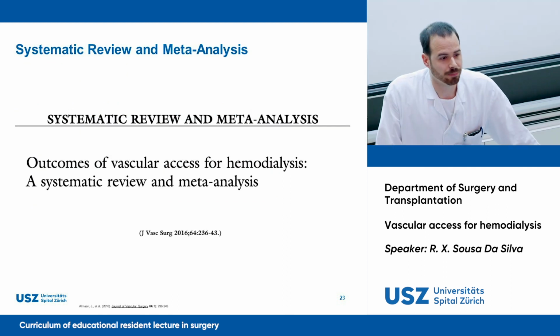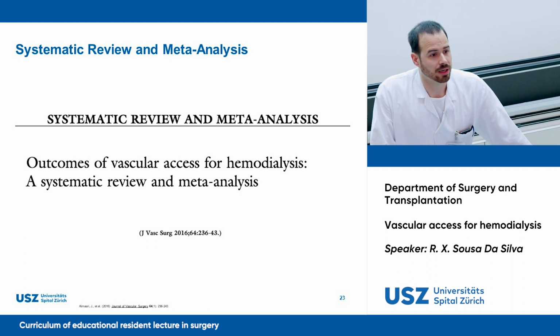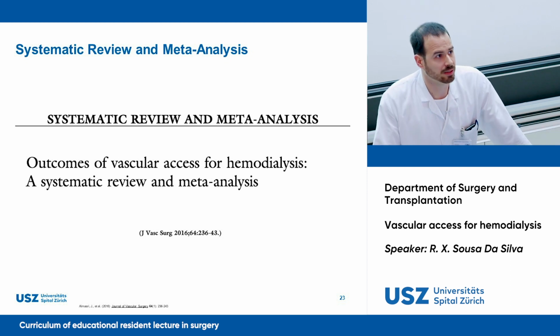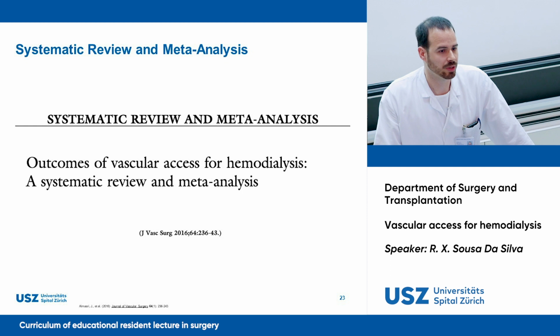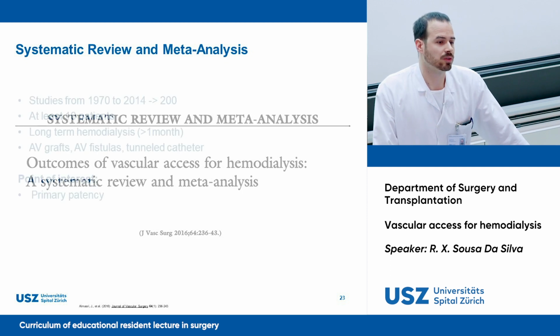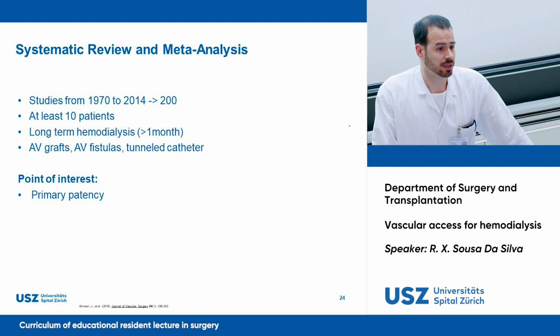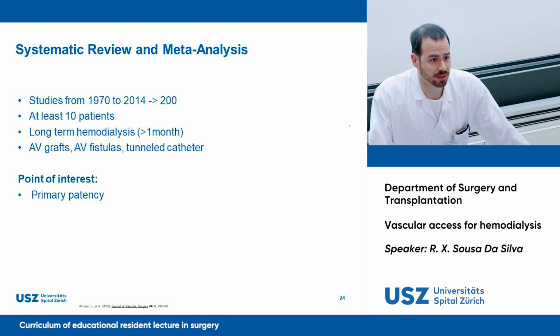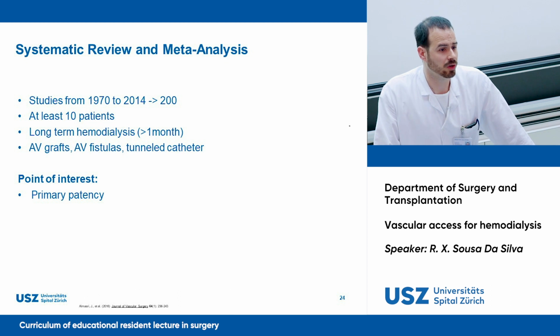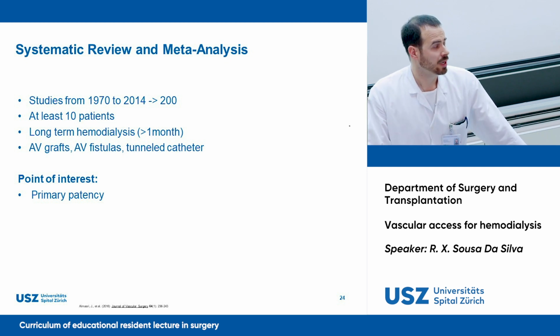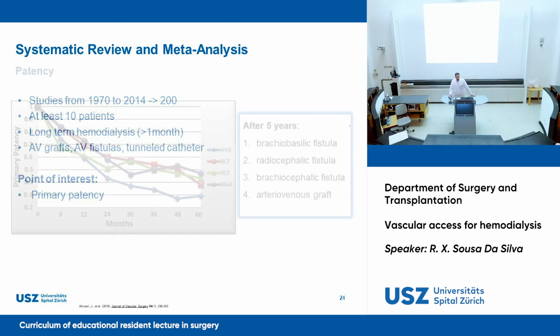Al-Masri showed in 2016 this systematic review and meta-analysis I want to show you quickly. He showed, looking at studies published between 1970 and 2014, that would include at least 10 patients each and would refer to long-term hemodialysis on AV grafts, AV fistulas, and tunneled catheters, with the primary interest of primary patency.